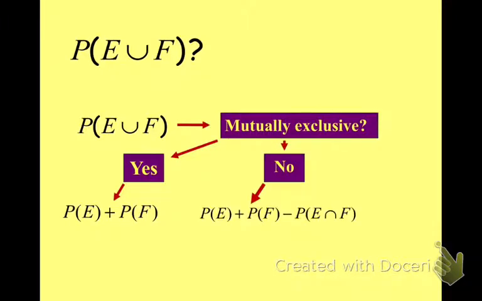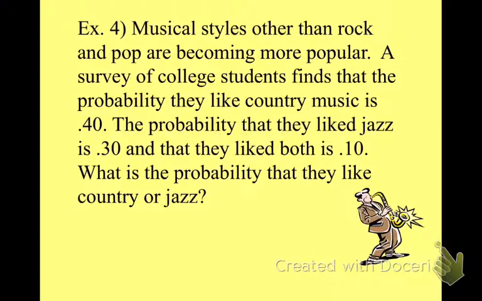So if they're not mutually exclusive, remember that you have to subtract the intersection. So here it is again. This example says musical styles other than rock and pop are becoming more popular. A survey of college students finds that the probability they like country music is 40%, the probability that they like jazz is 30%, and the probability that they like both is 10%.